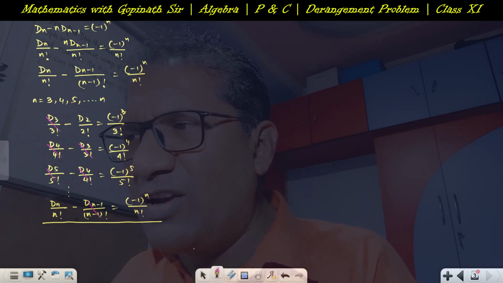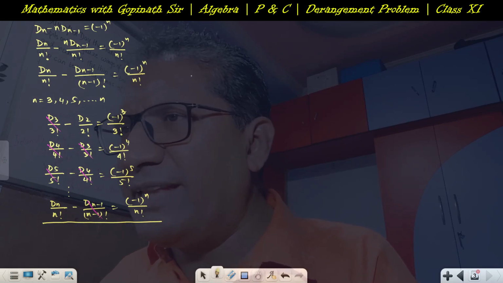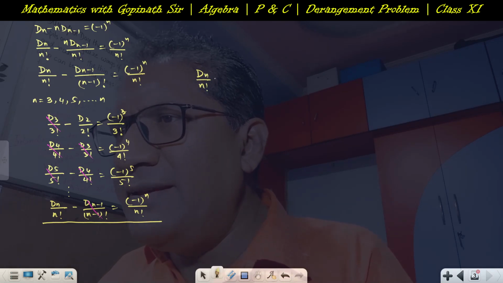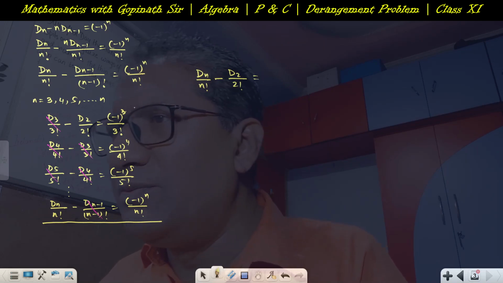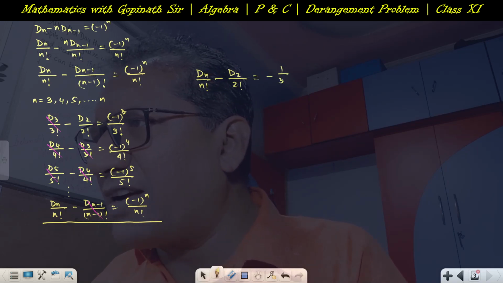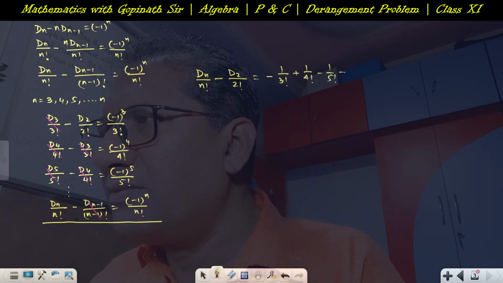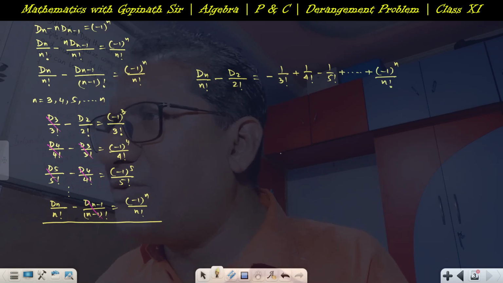So ultimately, we will be left with dn over factorial n minus d2 over factorial 2 equals, this is minus 1 by factorial 3 plus 1 by factorial 4 minus 1 by factorial 5 plus this thing goes on, plus minus 1 whole to the power n divided by factorial n, right?